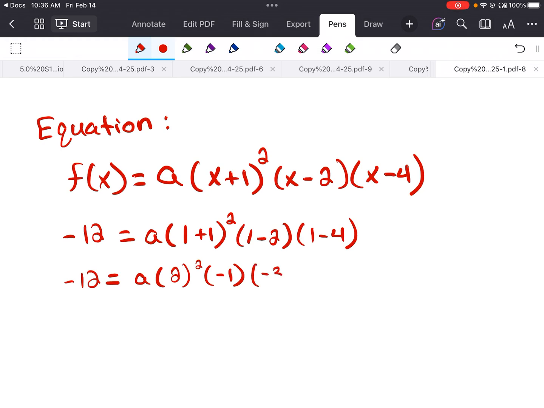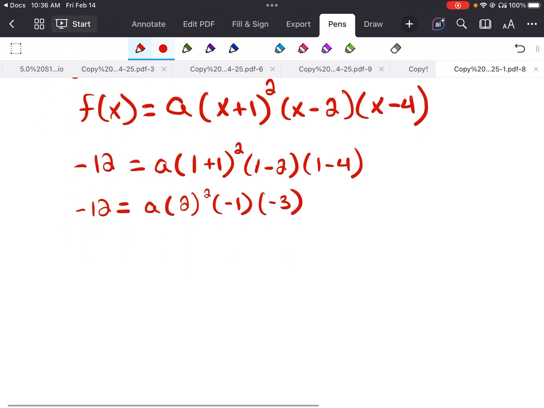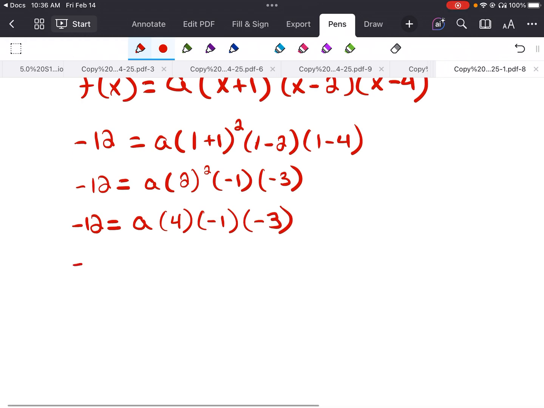I'm going to do this completely step by step. Some of you might not need to, but it's still a good refresher. So we have 4 times negative 1 times negative 3a. When you multiply 4 times negative 1 times negative 3, we get 12. 12 times a is 12a.